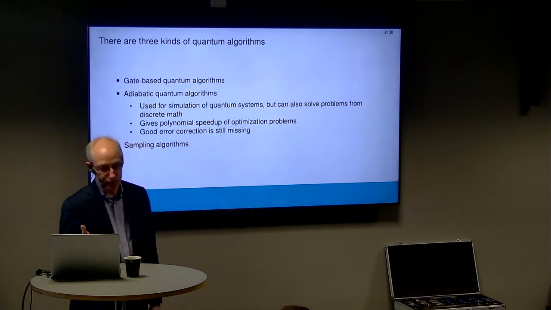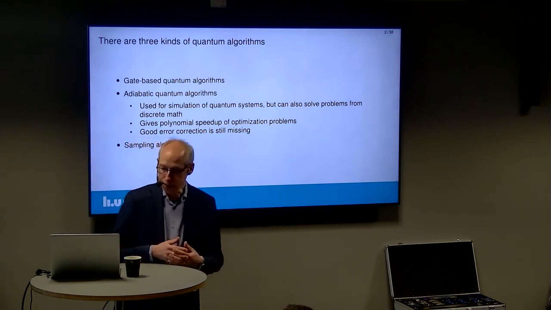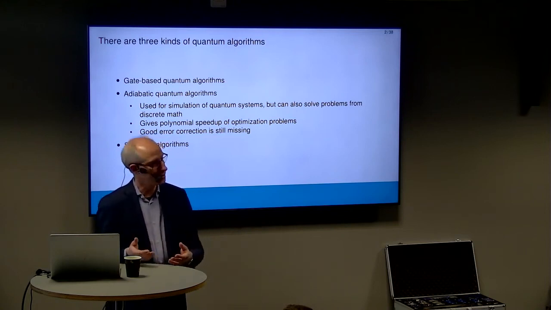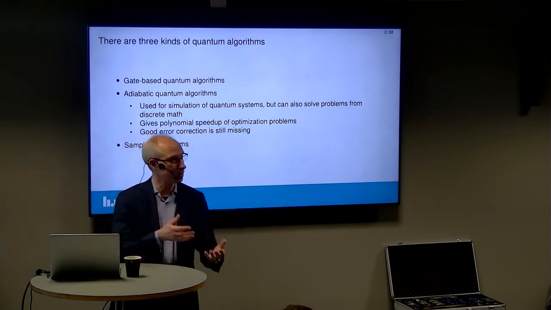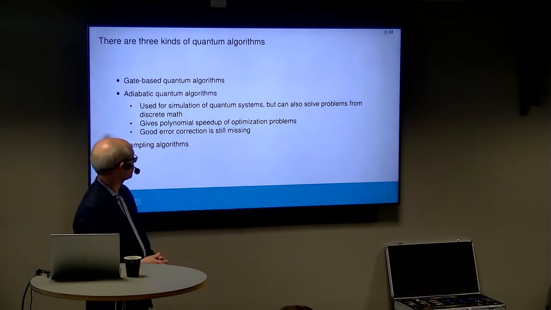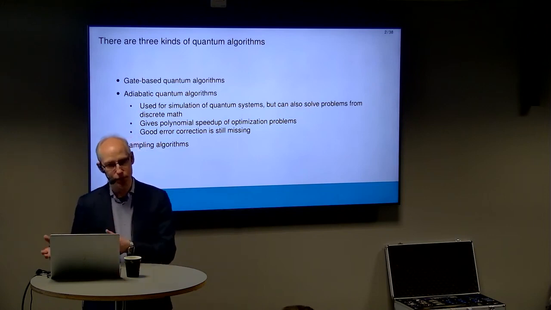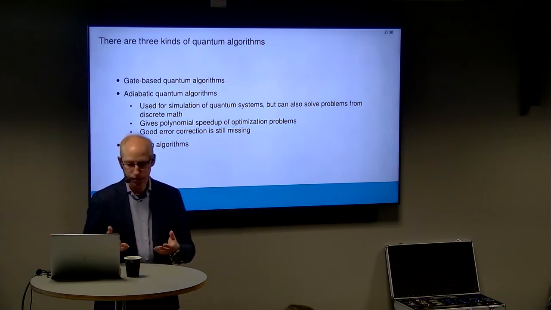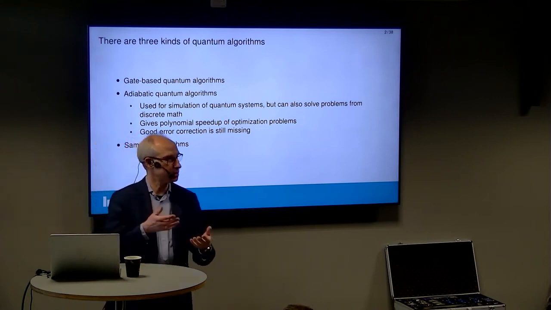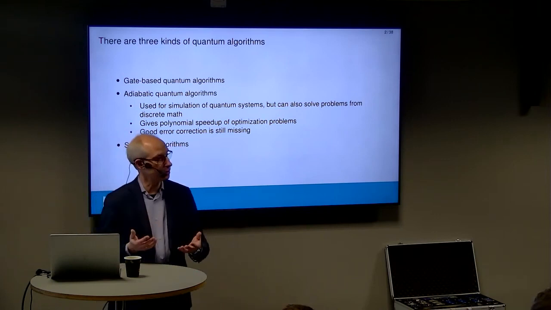Adiabatic quantum algorithms are used more for simulating quantum systems. They can solve problems from discrete math, but then you need to rewrite the problem into that sort of computation regime. Typically you have a complicated physical system that you want to calculate some overall property of. You simplify the system and put it into a quantum computer, and you extract the property you needed.